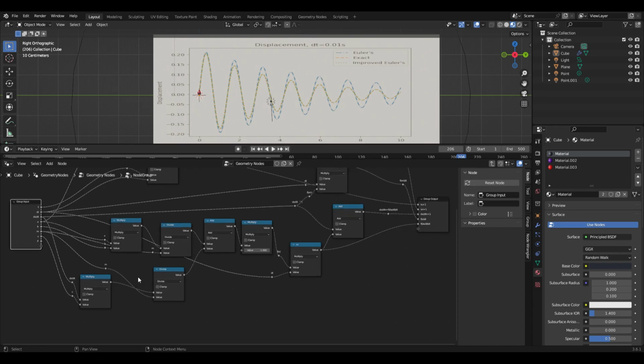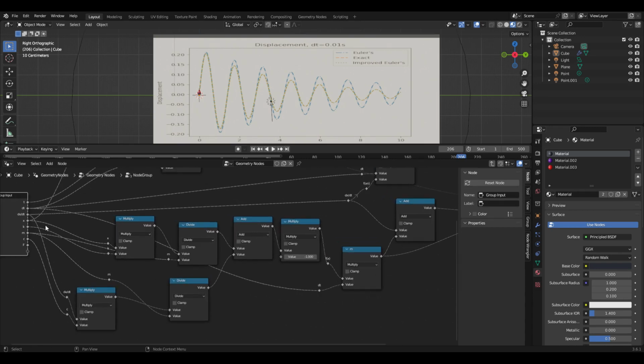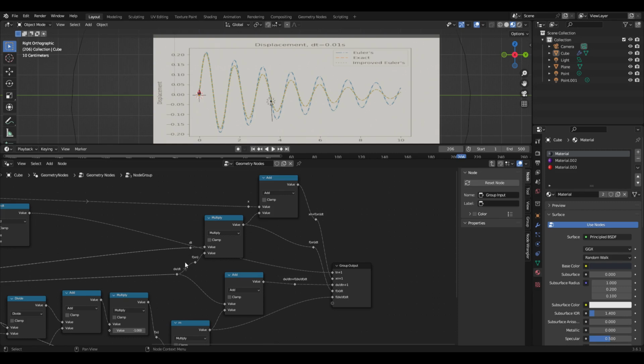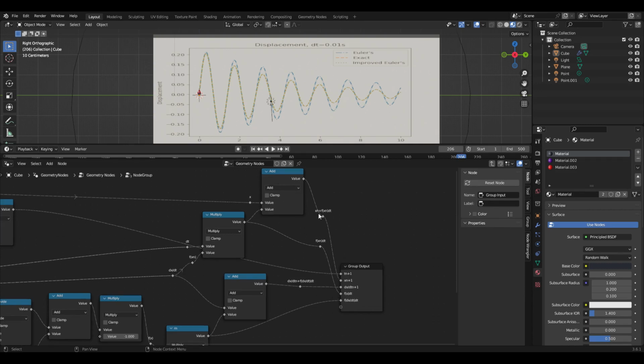So the nodes aren't that complicated. If you compare this to the equations that I showed you earlier, if I first follow the first row of the equation, I have x following over here, and I have dx dt here, and so that dx dt is being multiplied by dt, and that is added to the old x, and then that becomes x of n plus f x of n dt, and so that's the output x at n plus 1.